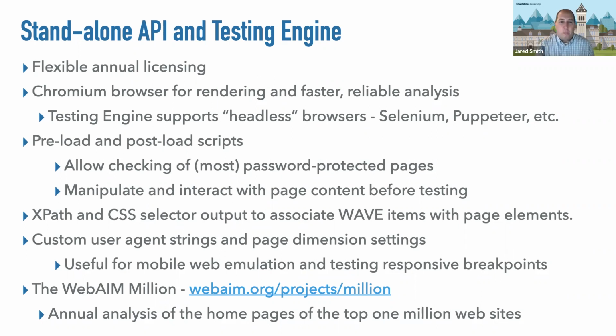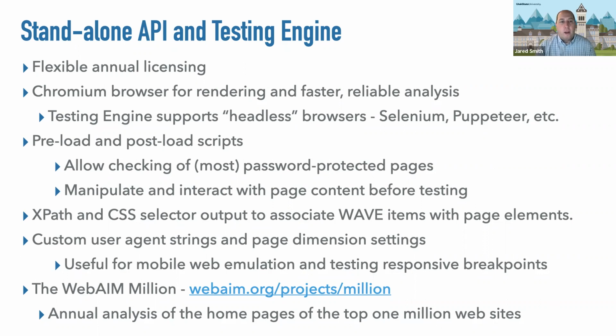And that can be handy for reporting and identifying where those issues are present within the page using the API or the testing engine. You can also really customize these, for instance, to do mobile emulation, testing responsive breakpoints. For instance, you can test the page in its desktop presentation, its tablet presentation, and its mobile presentation as 3 different tests and compare the results.